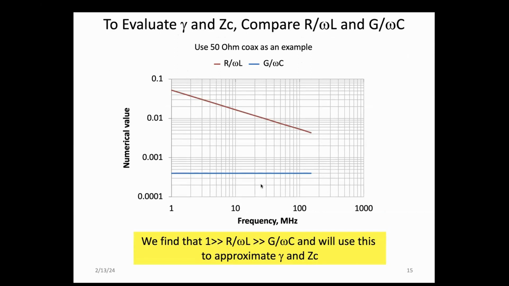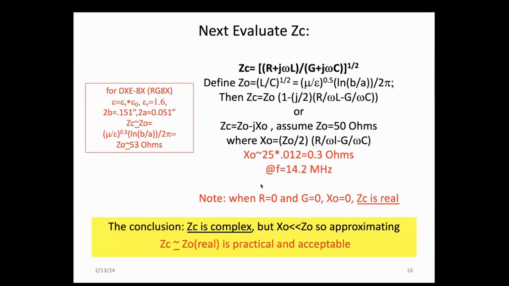When we do that, we find that R over omega L is much smaller than unity and G over omega C is much, much smaller than R over omega L. So let's proceed to the next slide and see what that does for us. Here's the original expression we had for characteristic impedance. If we define Z0 as the square root of L over C, what we've done is pull J omega L and J omega C out of this square root.